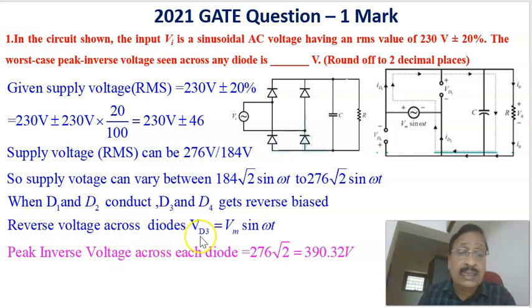The reverse voltage across the non-conducting diode is given by Vd3 equal to Vm sin omega t, where the max peak value of Vm is equal to 276 root 2. Therefore, the PIV of each diode is 276 into root 2, which is equal to 390.32 volt.